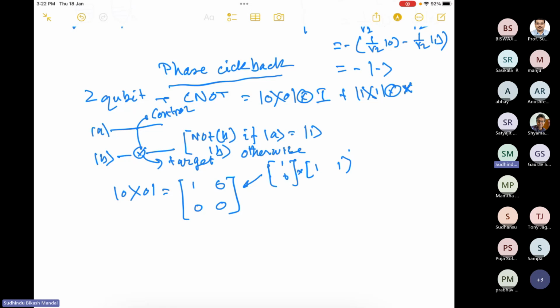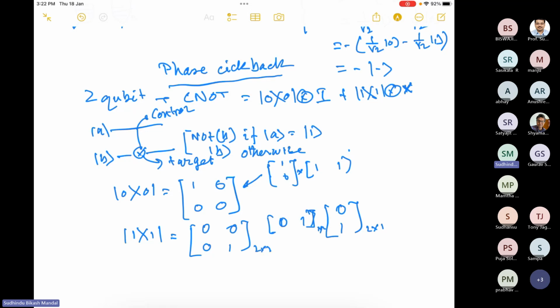And what is the outer product of 1 and 1? You will get 0 0 0 1 very easily. Because it is 1 cross 2 and 2 cross 1, it will be 2 cross 2.